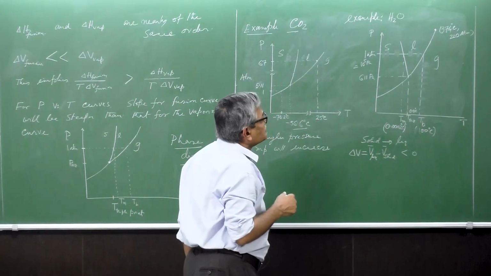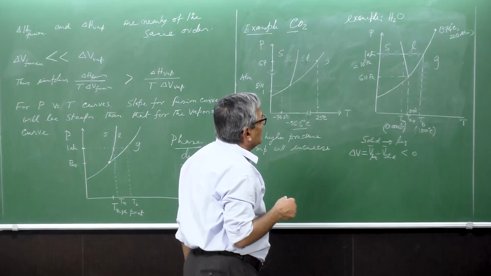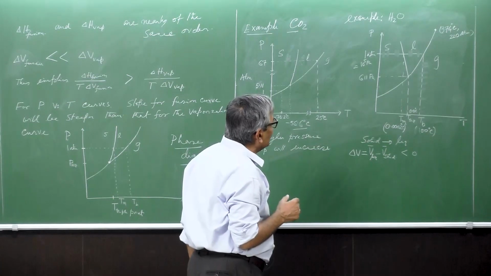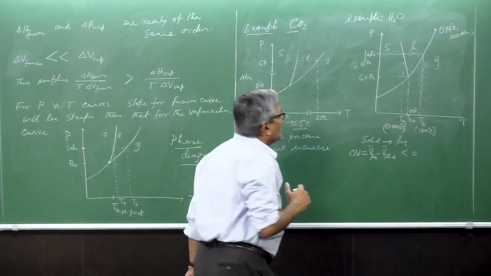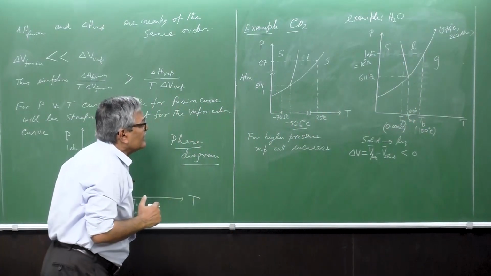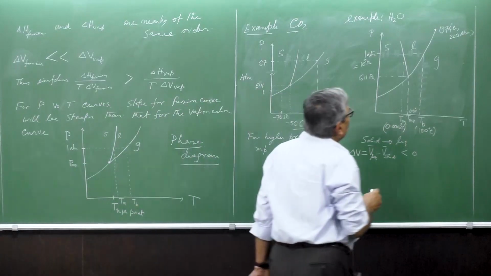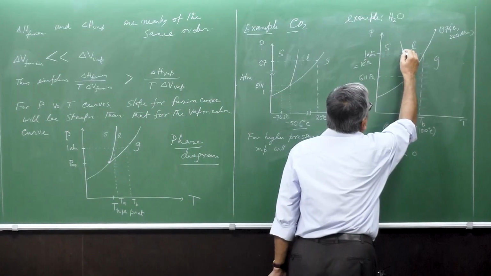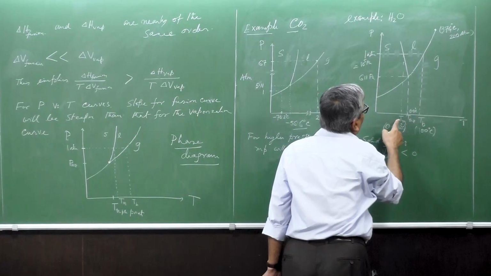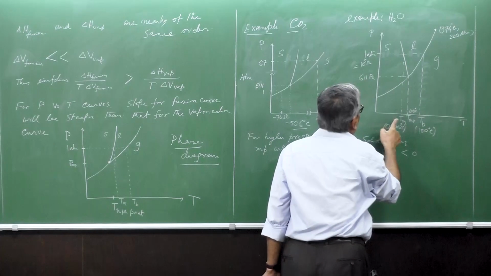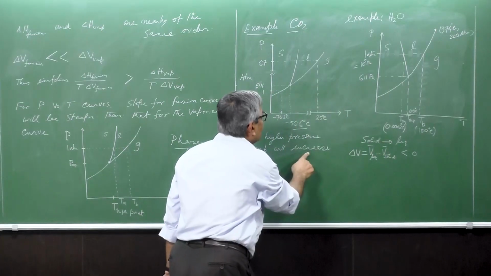And one more thing that is important here: what is the consequence of this negative slope? That means that if we increase the pressure, if we go from here to here, the melting point drops. Here the melting point increases.